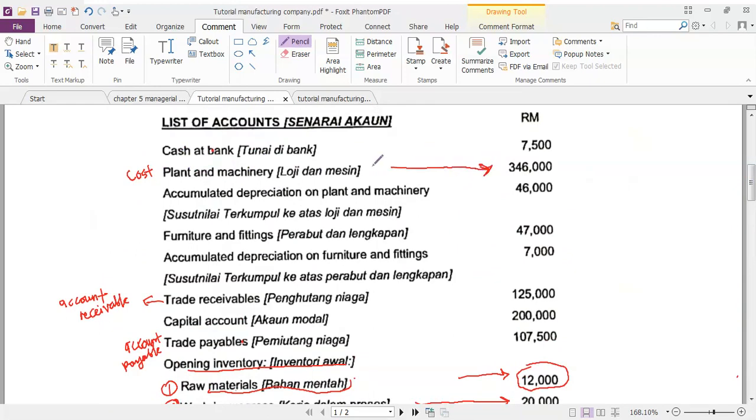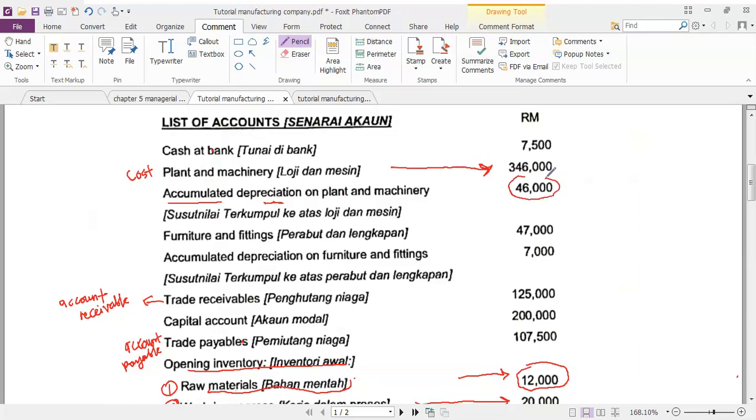Okay, disebabkan plant and machinery, depreciation we calculate under reducing balance method. So that's why you must have accumulated depreciation. Okay, so under plant and machinery cost, there is accumulated depreciation.